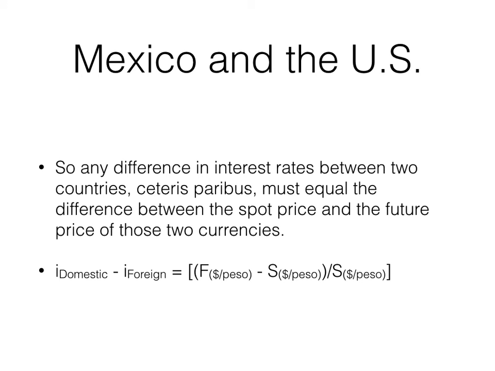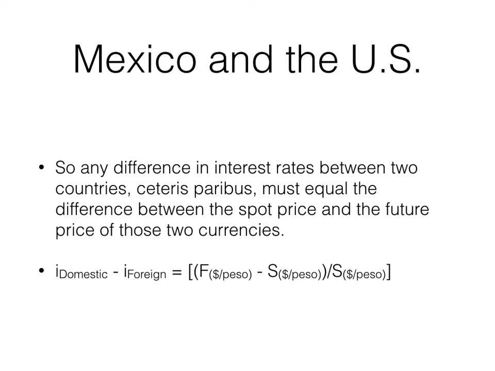So any difference in interest rates between two countries, again, holding everything else constant, risk is the factor we're really holding constant here, then any difference in interest rates between two countries must equal the difference between the spot price and the future price of those two currencies.